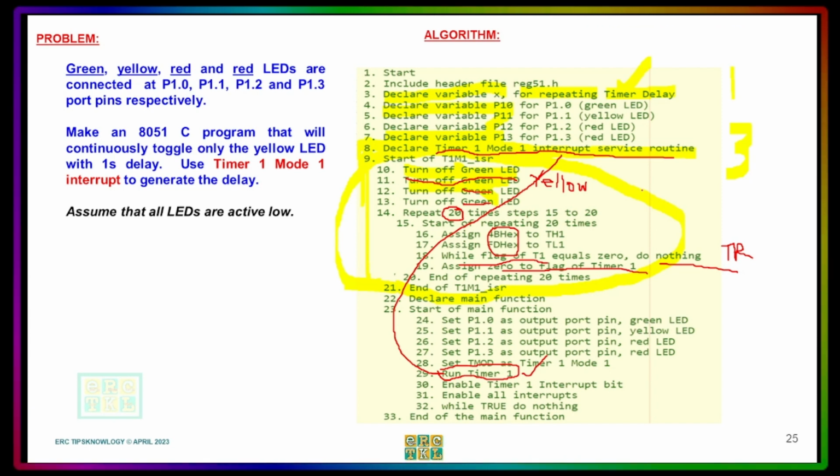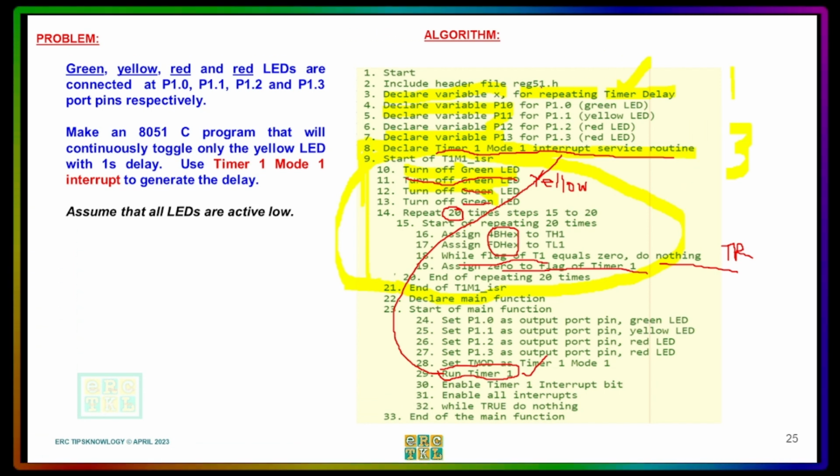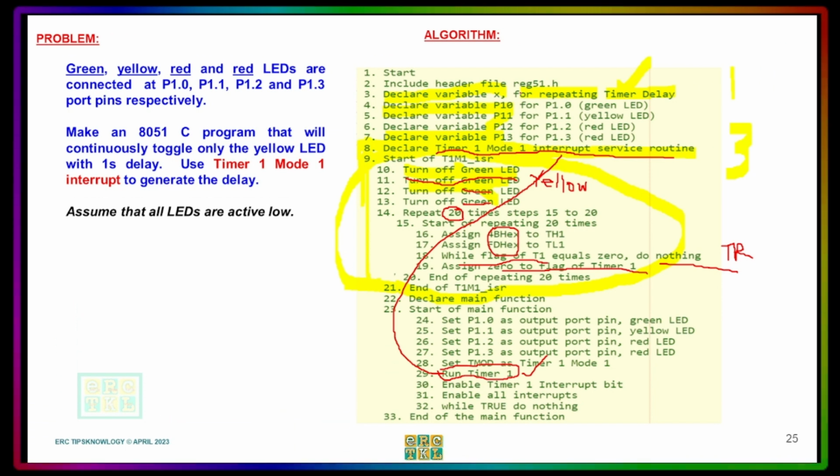This will be running, and it will give the delay, plus it will also make the yellow LED blink every 1 second, because the interrupt service routine contains the blinking of the yellow LED and the delay, which is similar to the timer, except there's no TR inside it.